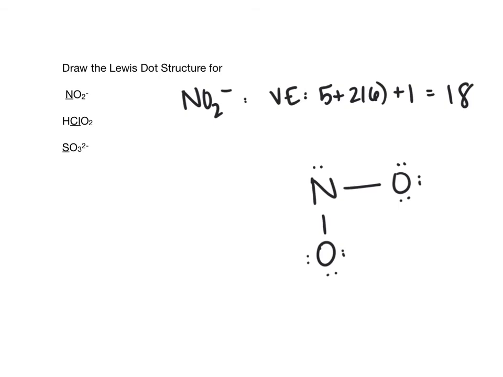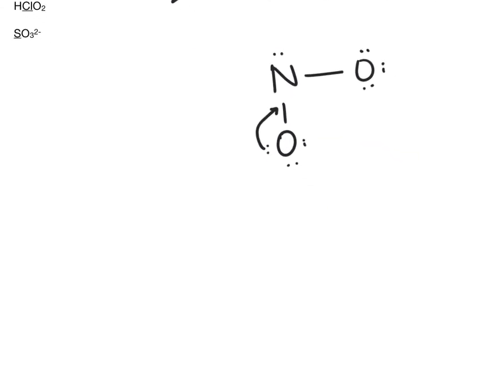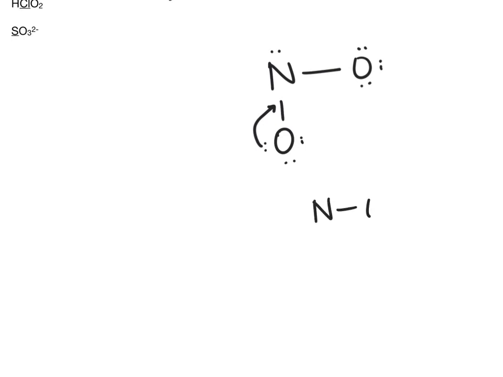We have 18 electrons. If we look at nitrogen, it does not have enough electrons, and so we're going to donate from one of these to get this structure.